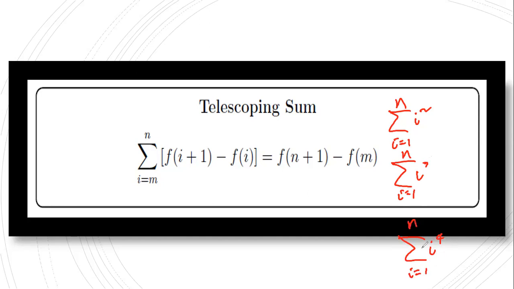Without the telescoping sum, we will not be able to get these formulas. And as we will observe, we cannot solve problems in sigma notation involving quadratic functions without this. We cannot solve problems involving cubic functions without this, and so on. So it's very important to have the telescoping sum because it will derive all of this.